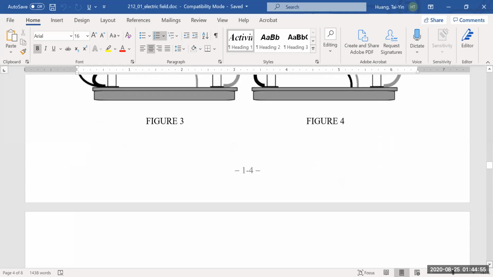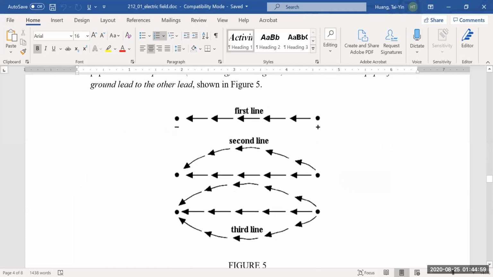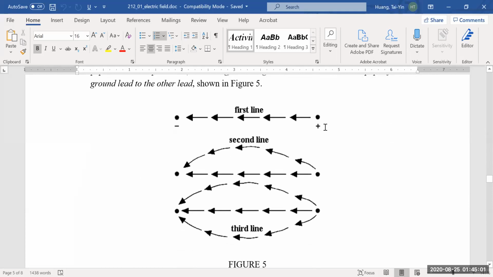Okay, and then from the positive to the negative, we would just pick any arbitrary 3 points and then go from there. You start off from this track, then you will find the electric field is going from the positive to the negative, and we will have a middle one.